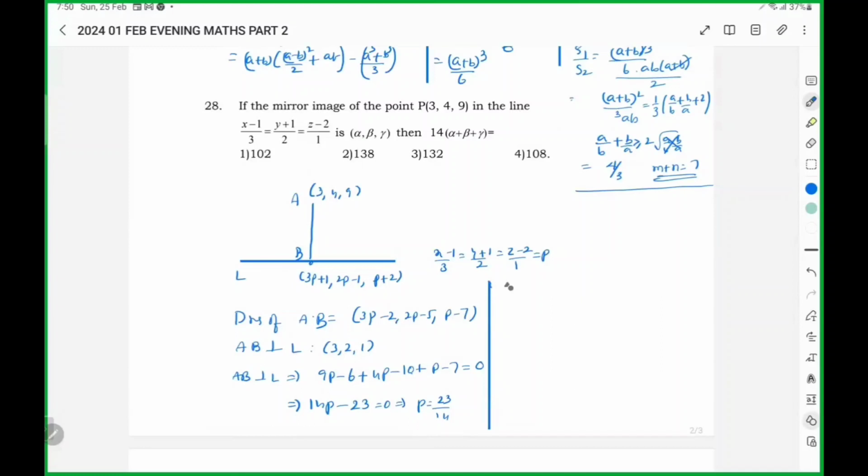So now the image will be, let us calculate first B coordinates. 3 into 23 by 14 plus 1, 2 into 23 by 14 minus 1 plus 2.